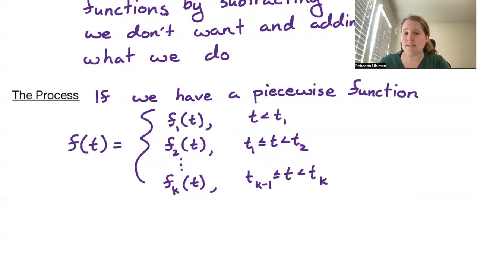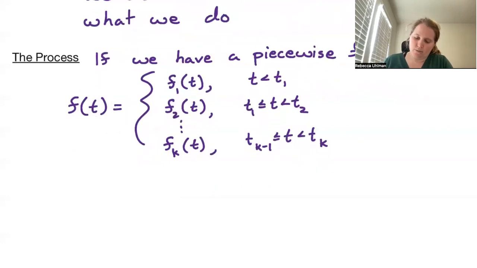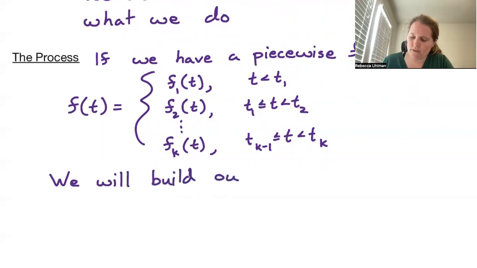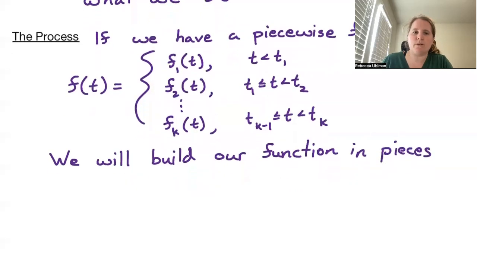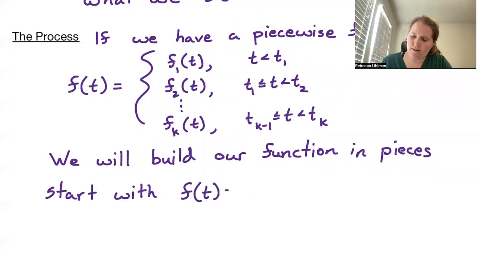So we're going to build this in pieces. So we will build our function in pieces. We will start with f of t is equal to f1 of t plus whatever.